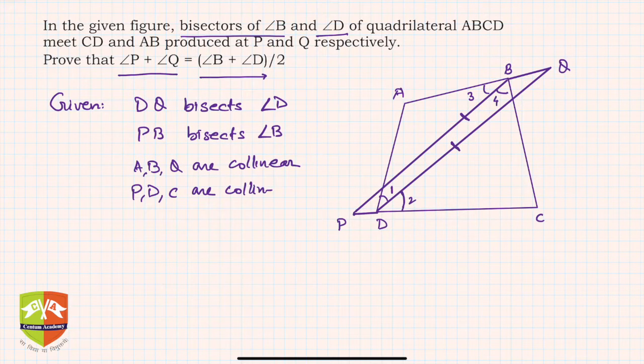This is what is given. And you need to prove that angle P plus angle Q is equal to half of angle B plus angle D.